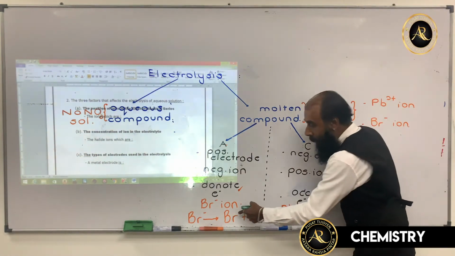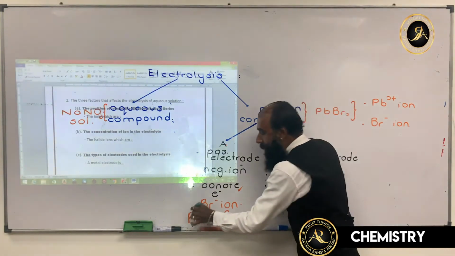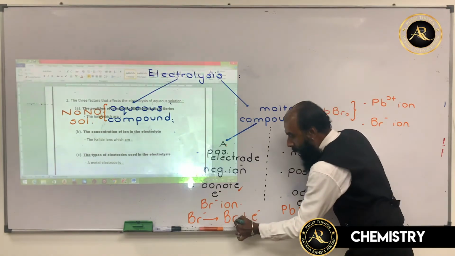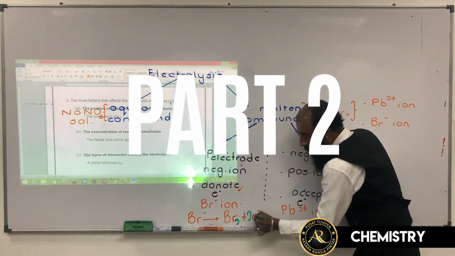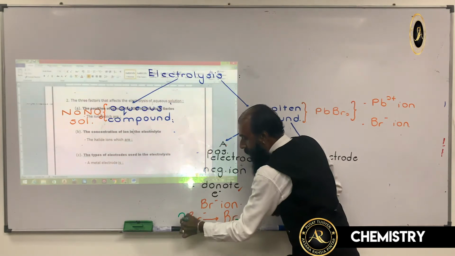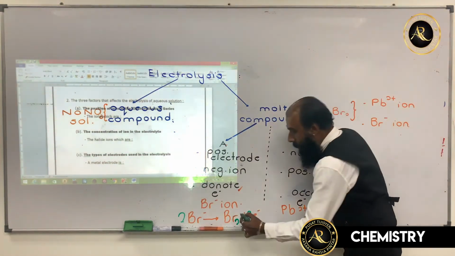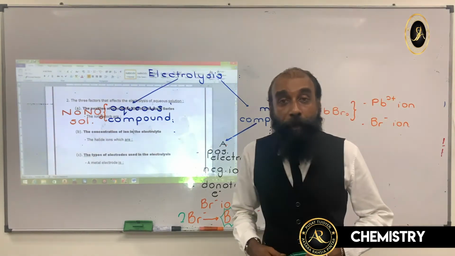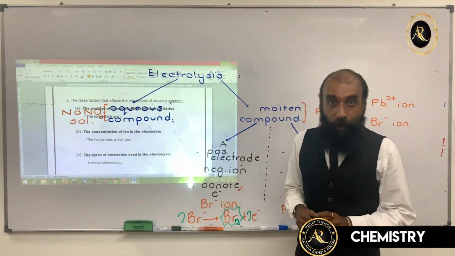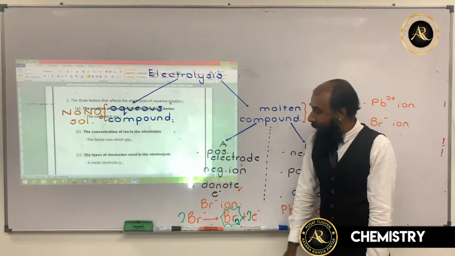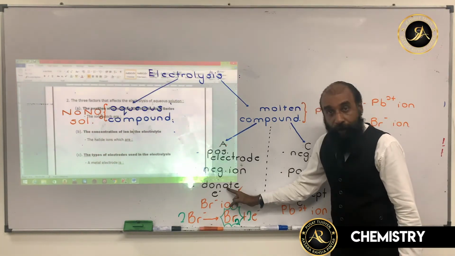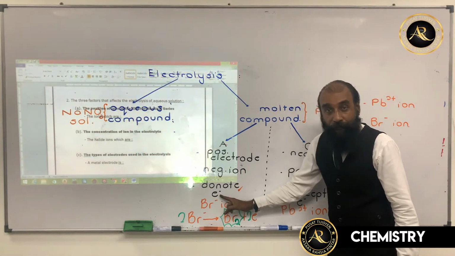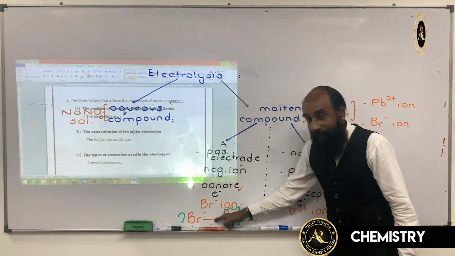So when I put a 2 here, the entire equation must be multiplied by 2. So a 2 for the electron and a 2 in front of bromide. The product is known as bromine gas. Alright, students? Remember, anode is a place for donating electrons, and to show donating electrons in a half equation, you put the arrow in front.